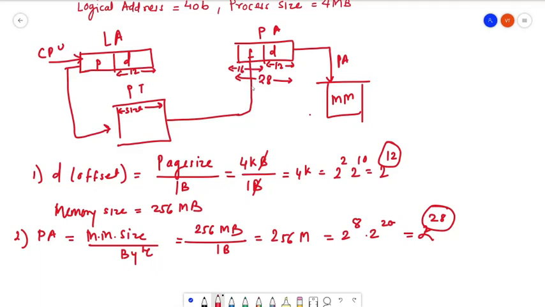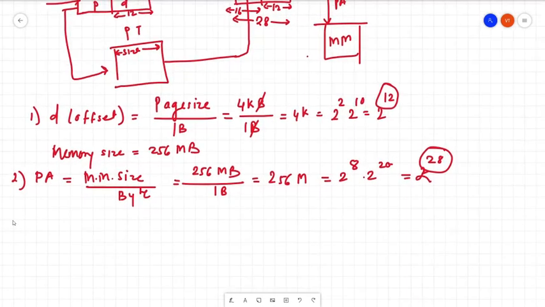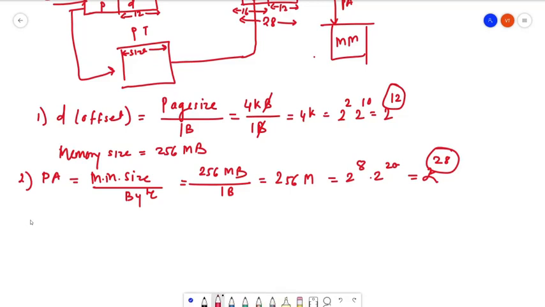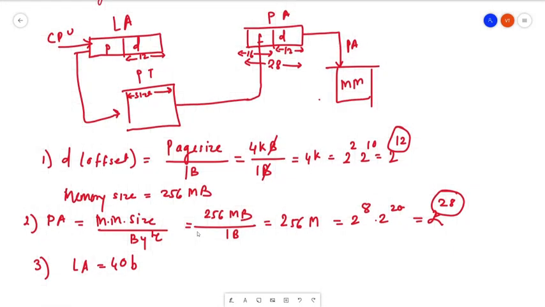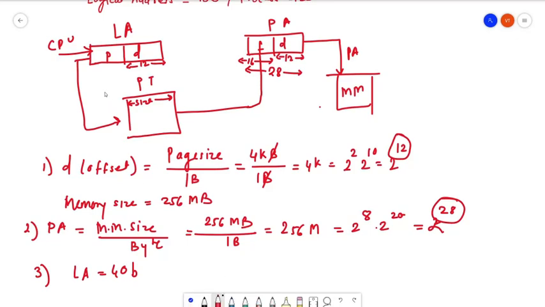Okay, so the third step will be, we want to calculate the number of pages. The logical address is given, that is 40 bits. Now you know D, and you know the logical address is 40.